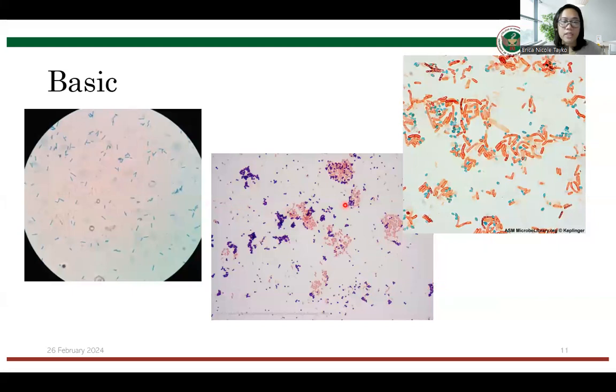For basic stains, the cells themselves are able to absorb the stains. This one is spore staining, wherein the spores were able to absorb the malachite green.